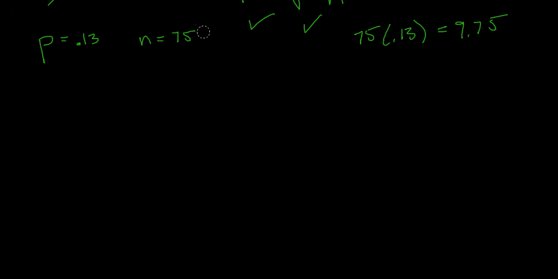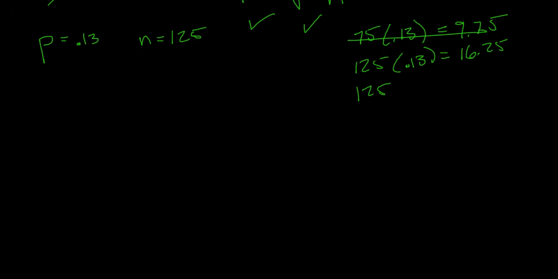I do need to be 10 or more. So that is a good idea, to make sure you always think about those conditions. So let's use 125 people. Now, 125 needs to be random. I'm pretty sure 125 is still under 10% of all people. And when I multiply by 13%, now I do get 16.25, which is enough successes.